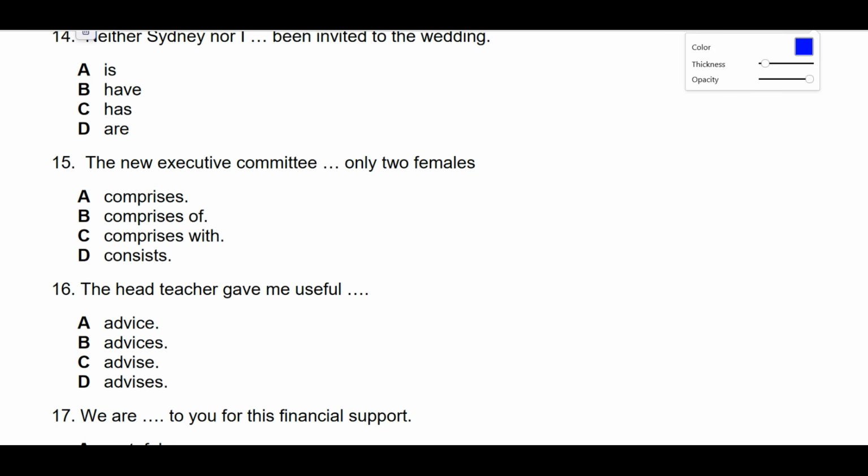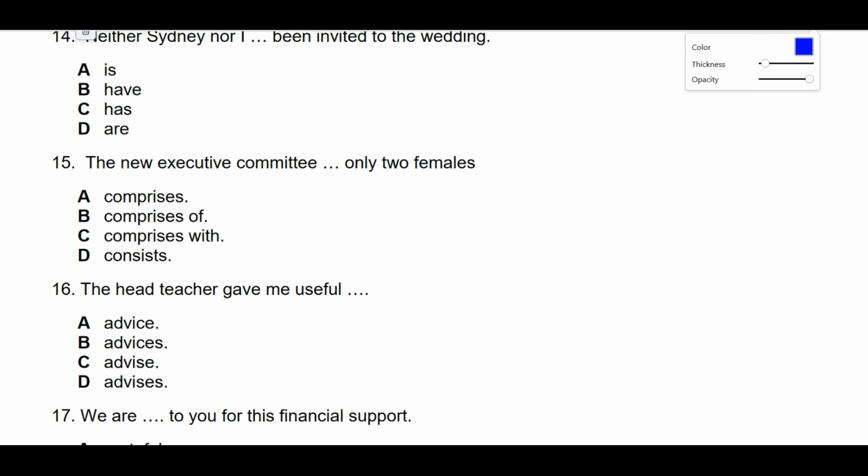Number 14: neither Sydney nor I dash been invited to the wedding. Whenever we use neither nor, remember that you need to make sure that the sentence is singular, so you need to use the language of singular.